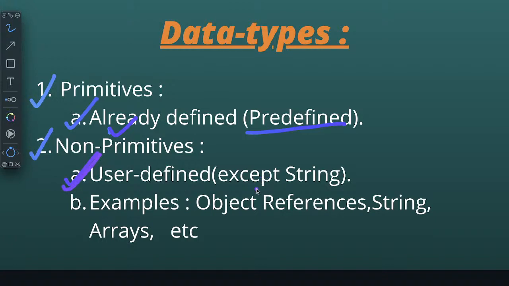One exception is string, which is the only non-primitive data type that is predefined in Java. Other non-primitive data types like classes, arrays, and object references are user defined, so we need to define them ourselves.